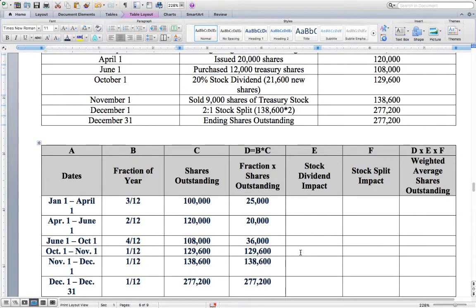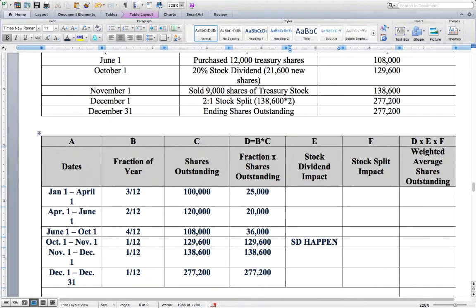So a key thing I would like you to note here: when the stock dividend occurs, the stock dividend is represented in these shares already. So as you can see, this 129,600 as of October 1st includes the 21,600 new shares.